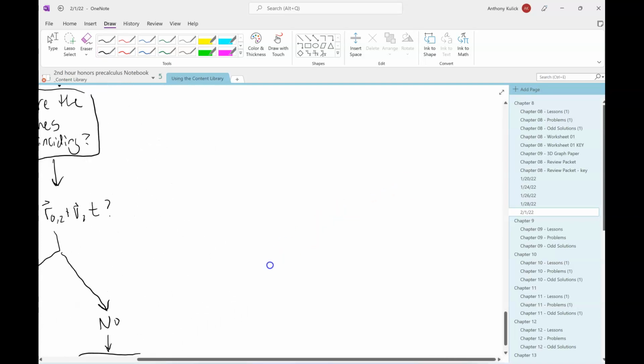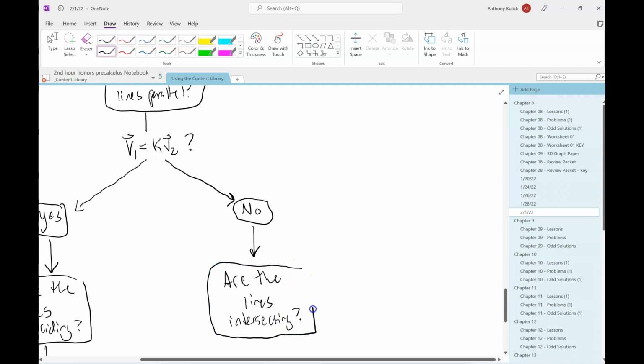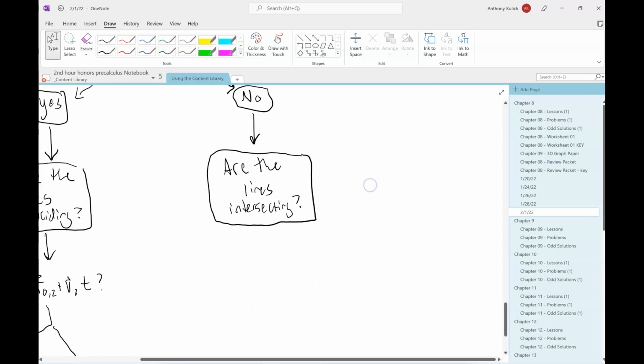Okay, let's go back to our no branch way up here. What we'd check then is, are the lines intersecting? Remember, this was something that we did for 2 dimensions in a previous section.